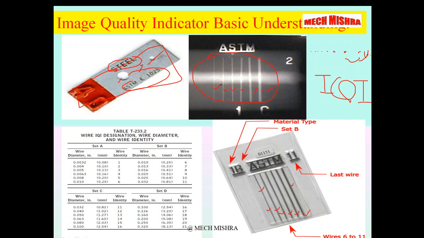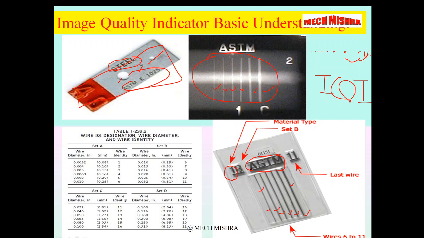If we see the wire type IQI, there will be some markings. First of all, this is ASTM, meaning the material of these wires, and the code following is ASTM. Then there will be the first one, which is the material type.